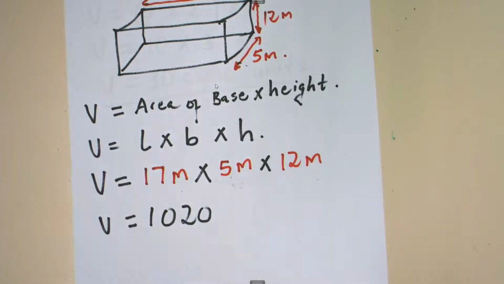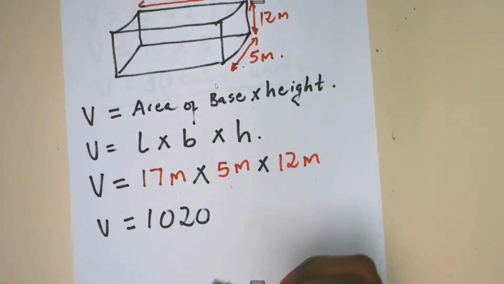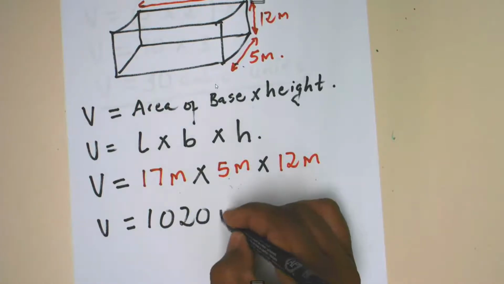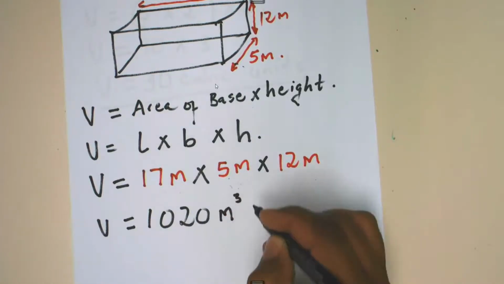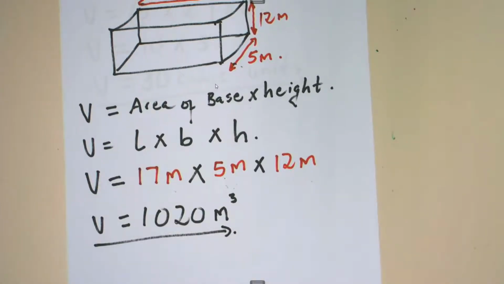And therefore, remember what I said about this. Now you must go back and say, when we were busy with the exponents, if the bases are the same and the operation sign is multiplication, we add the exponents. Because we are dealing with volume, it will be 1020 cubic meters. This will be the volume of this rectangular prism.